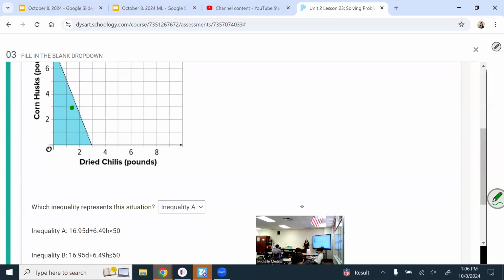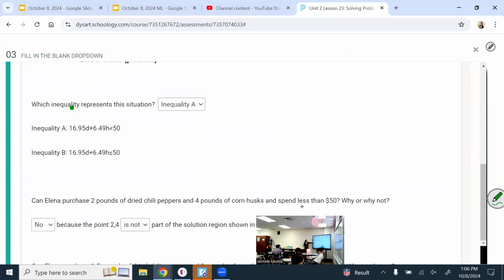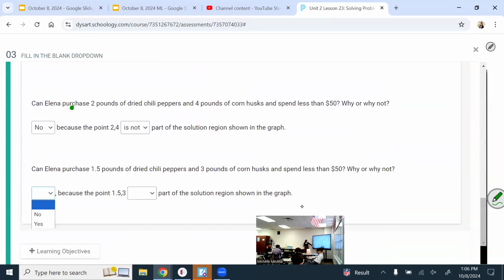Yeah, because it is in the shaded area. So yes, because that coordinate is part of the solution. Okay, questions on that one?